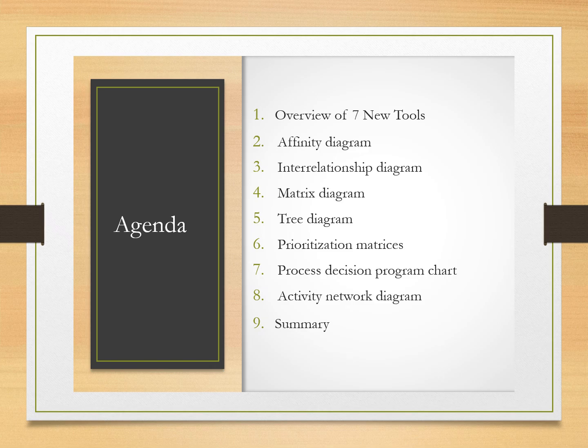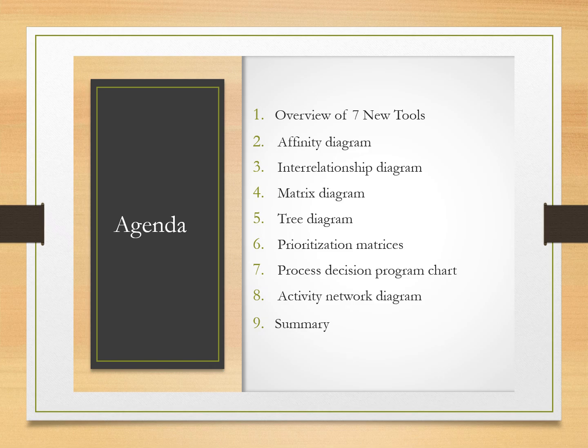Alright, let's take a quick look at what we are going to cover today. We'll start with an overview to understand why these 7 new tools were developed and how they differ from what we have already learned. Then we'll go through each tool one by one: the affinity diagram, interrelationship diagram, matrix diagram, tree diagram, prioritization matrices, process decision program chart, and activity network diagram.